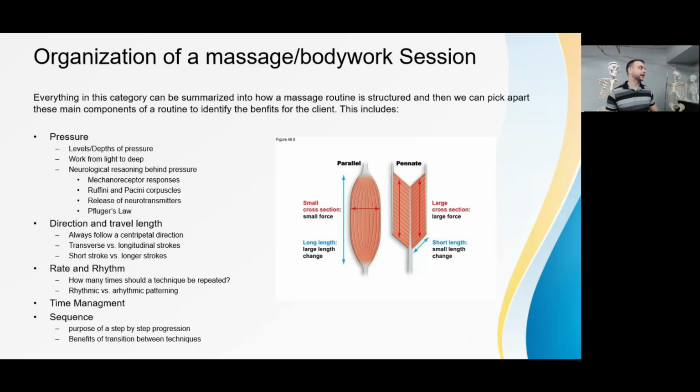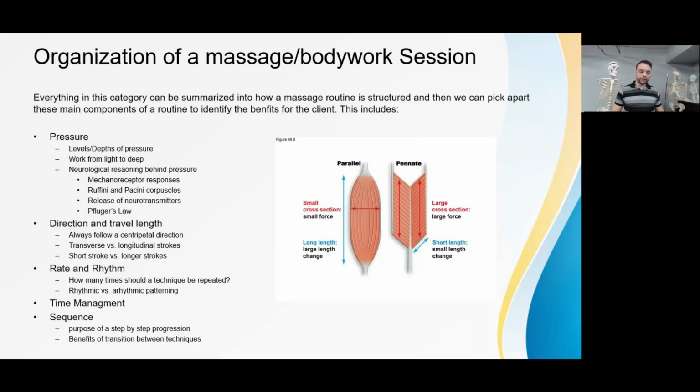So explaining that to your client during your intake process, which we'll take a look at in a moment, is very important. Time management also means considering, like we said just a moment ago, that we don't want to overwork an area. So divide up your time, be logical with your time, don't spend too long in an area. You can always leave and then come back to that area.